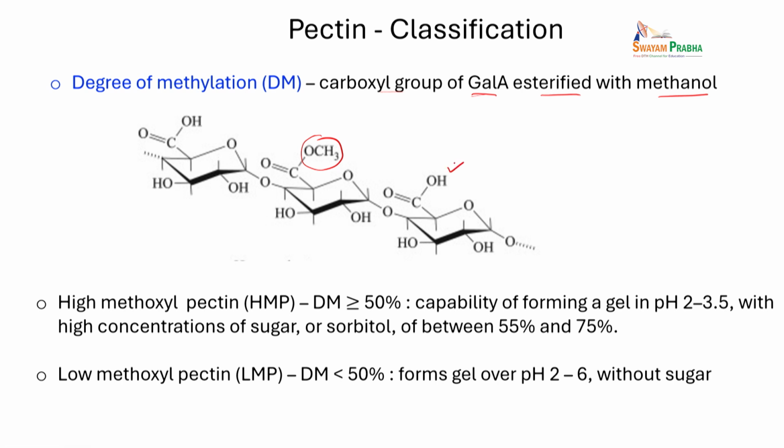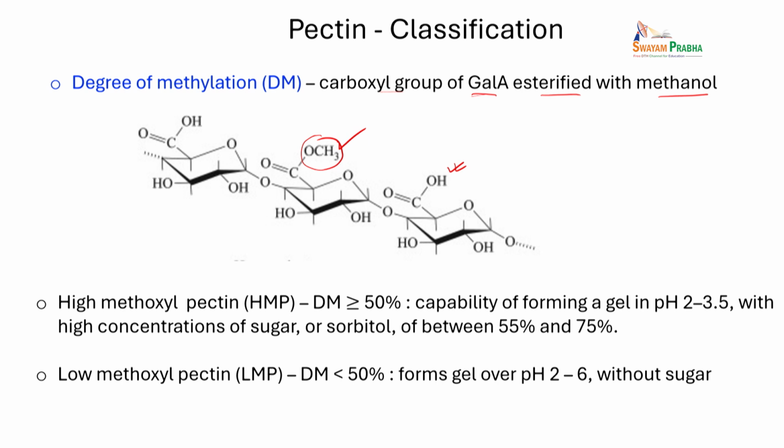This is unmethylated, unesterified, and this is esterified. Now if you have 10 such groups, of that how many groups are esterified with methanol, that tells you the degree of methylation. If all the acidic groups are esterified, then you have 100% degree of methylation. When none of the carboxylic acid groups are methylated, you have 0 degree of methylation.